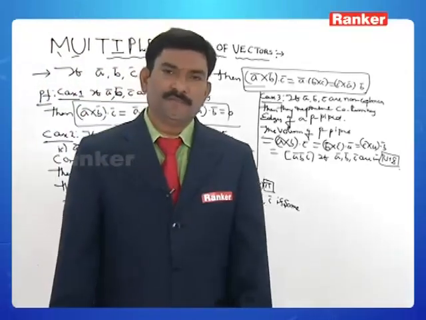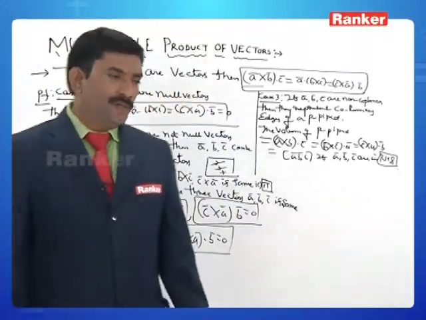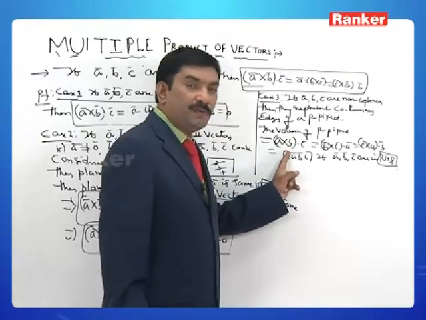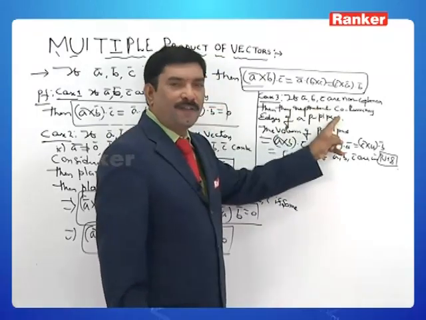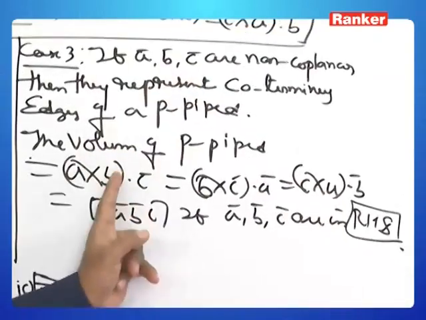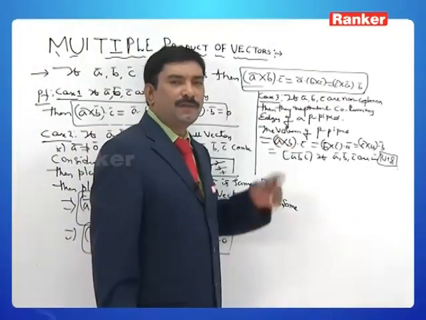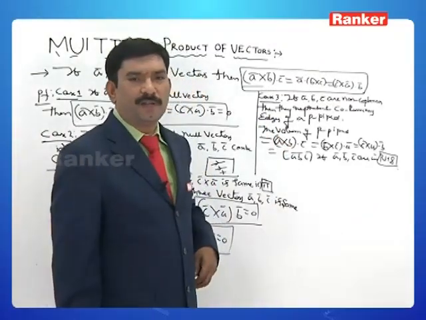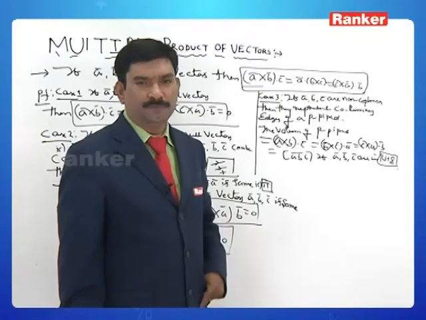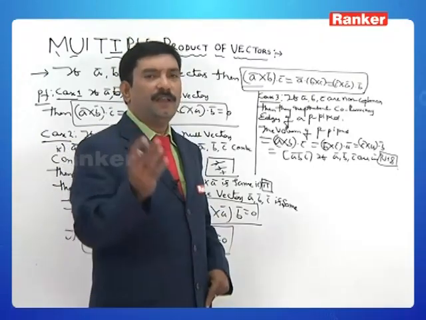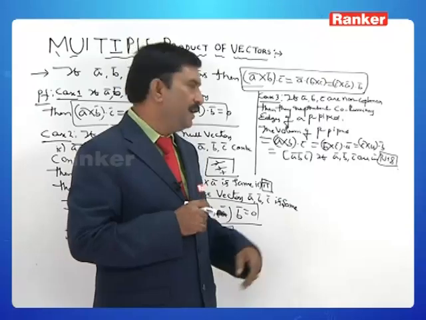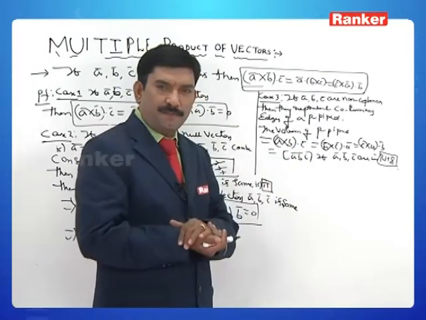Correct? We have proved. So here also we have shown, when they are non-coplanar, with the help of the parallelepiped with coterminous edges A bar, B bar, C bar, we are able to prove the scalar triple products are equal. They are equal to box of ABC.